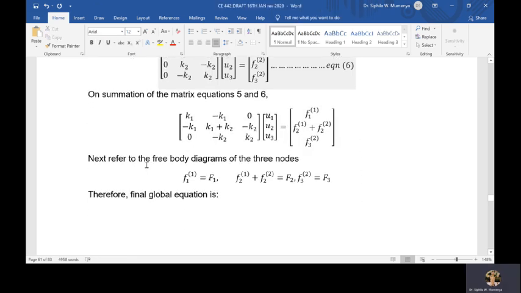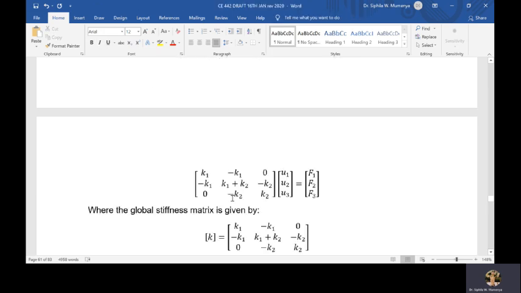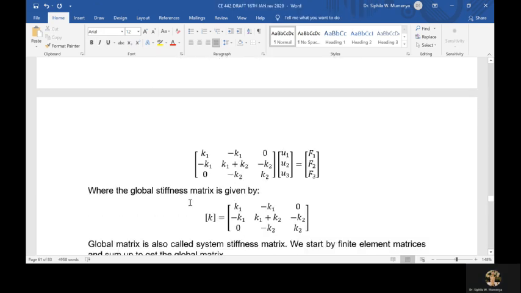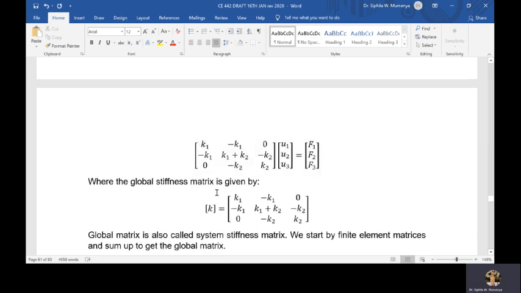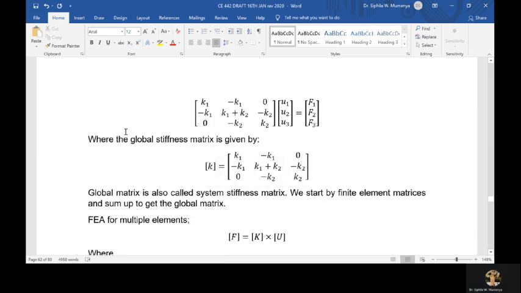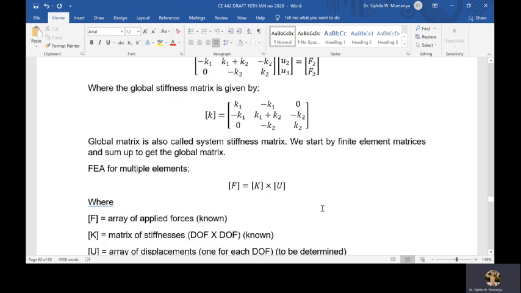So if you refer to the free body diagrams of the three nodes, again as shown there, you find the final global equation given as follows. Okay, the global stiffness matrix will be given as that, and it is also known as the system stiffness matrix.